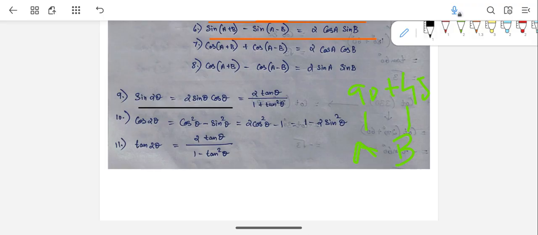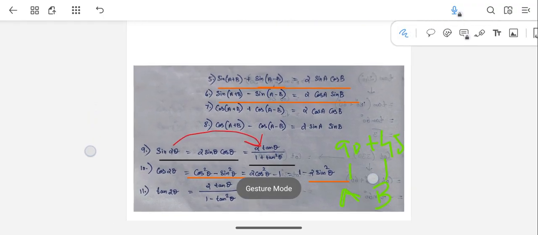If you need it in terms of tan theta, you can use this formula directly. So sin 2 theta can be written as 2 tan theta by 1 plus tan square theta. And the same for cos 2 theta, you can write cos square theta minus sin square theta, or else 2 cos square theta minus 1, or 1 minus 2 sin square theta. All three are equal to cos 2 theta.